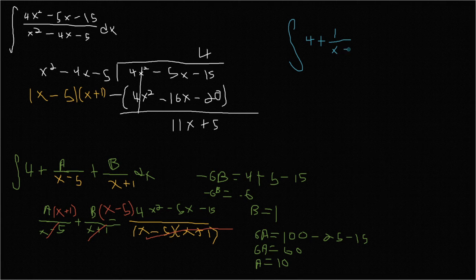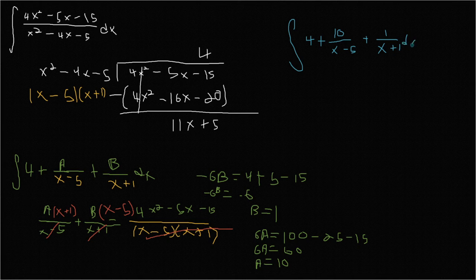So over x minus 5, we're going to do 10. And then we're going to add this to 1 over x plus 1.